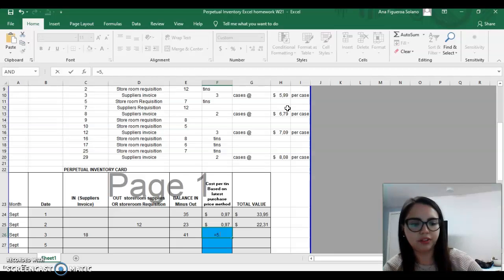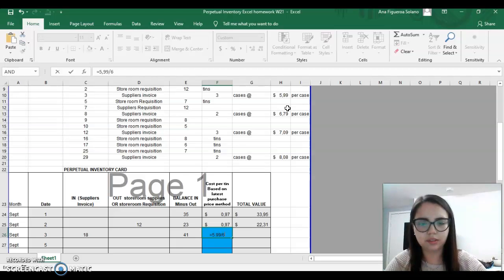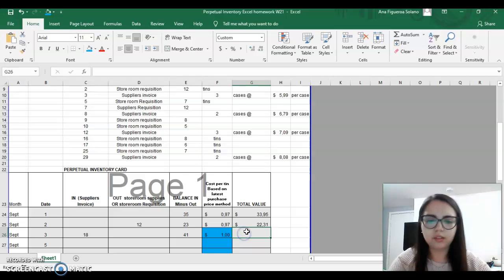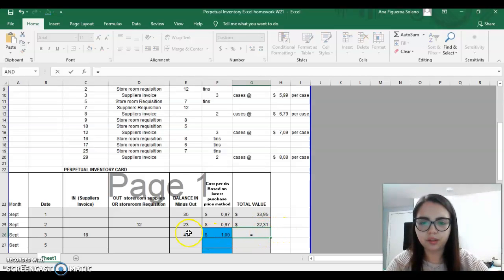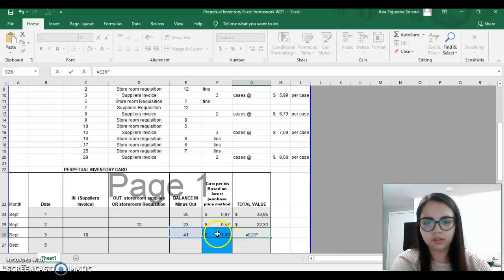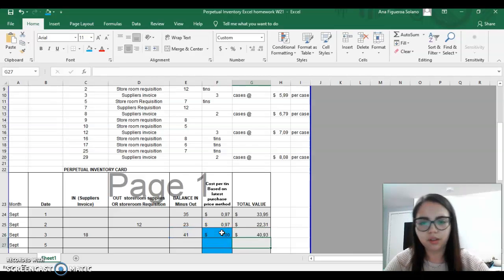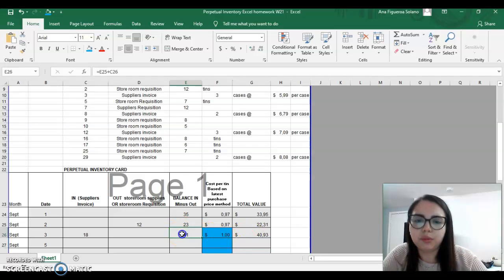So equal $5.99 divided in 6. And same, we're going to multiply here the amount of things and the cost. As we can see here, it would be $41. That would make logic. So we're going to use the roundup function.